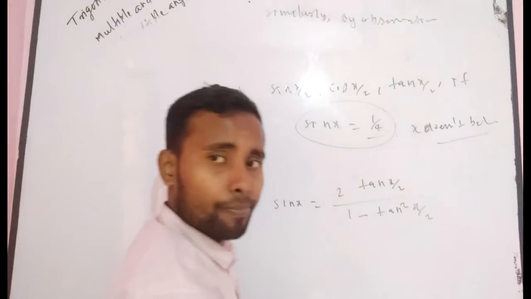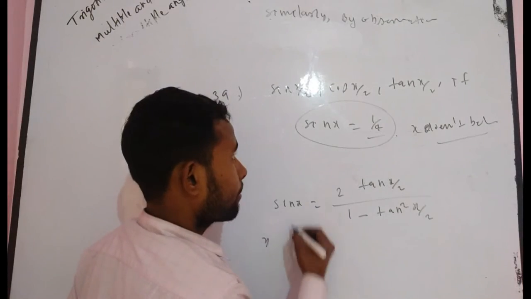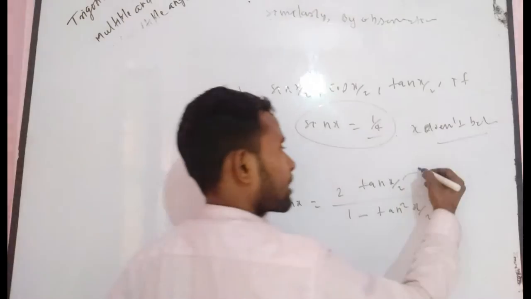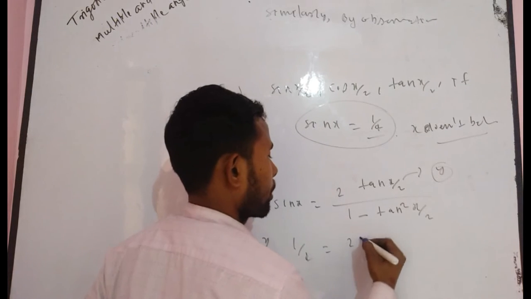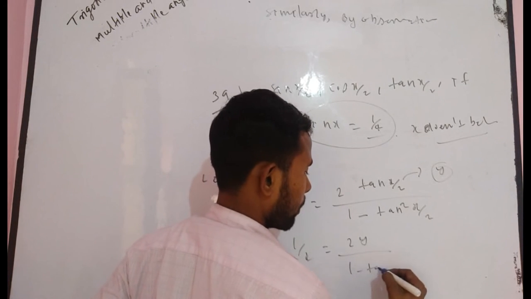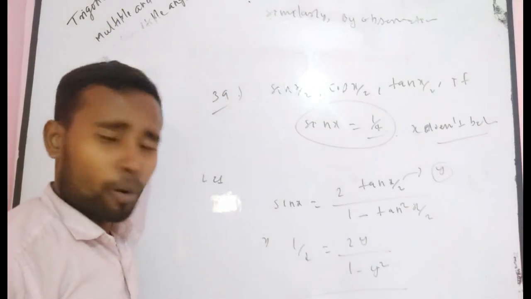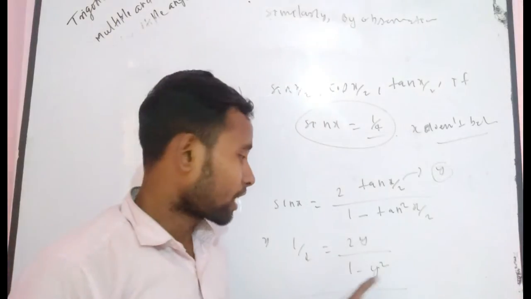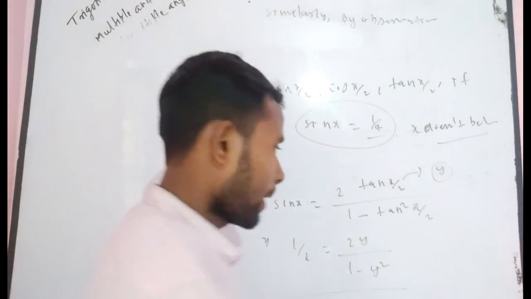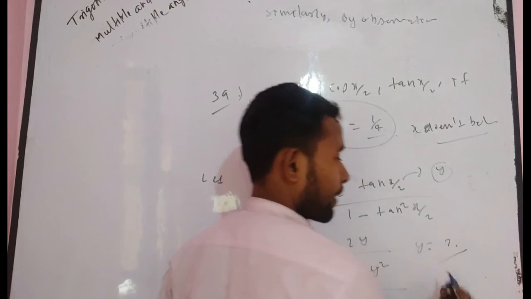Now it will be 1 upon 4. Suppose that tan x by 2 is equal to y. In that case, 2y divided by 1 minus y square. Now by manipulation you get a quadratic equation, and you can easily find y.